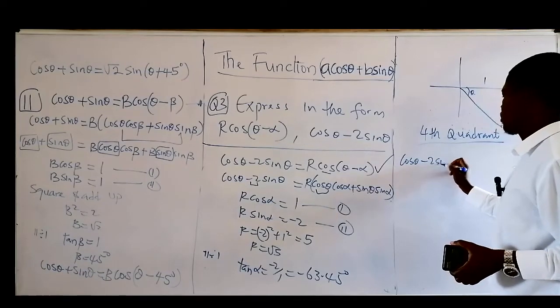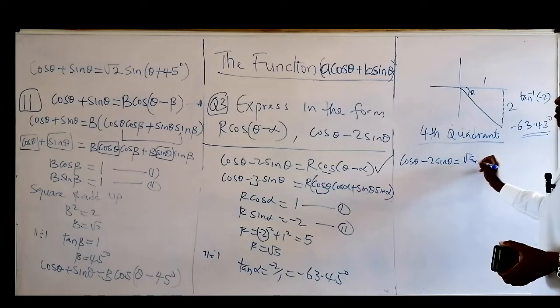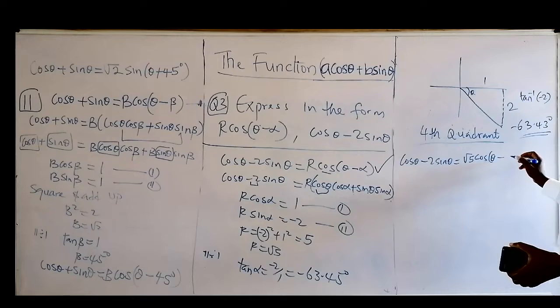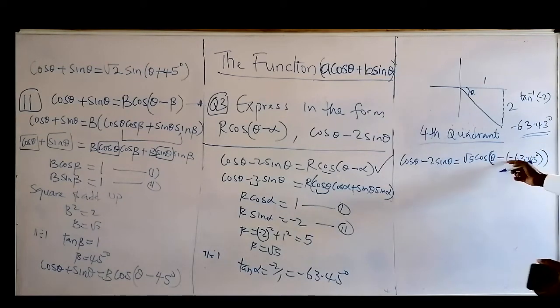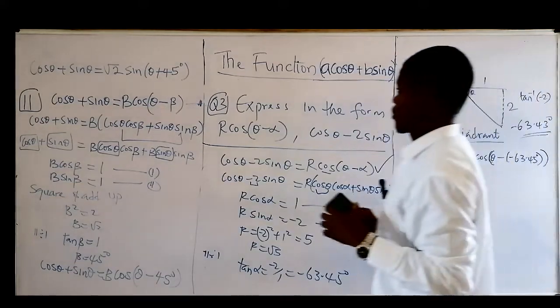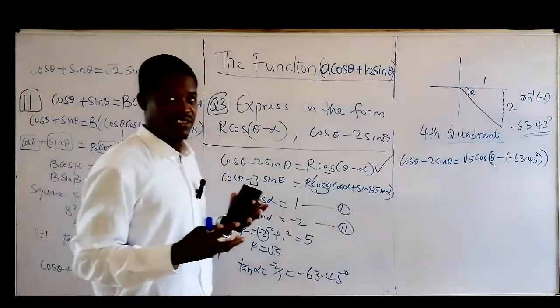That will be cos theta minus 2 sine theta equal to root 5, since my R is root 5, cos of theta minus 63.43 degrees, and that will become plus. So the position you have to indicate is minus 2. That's that on the function involving a cos theta plus b sin theta.